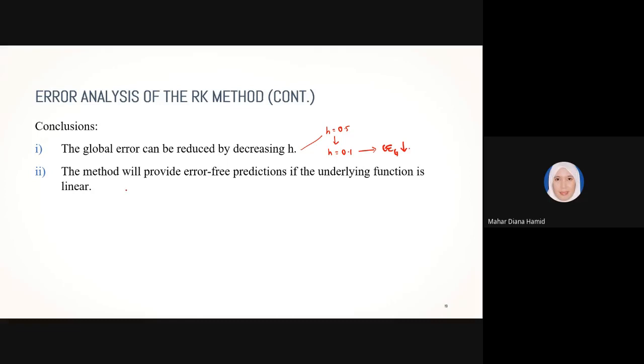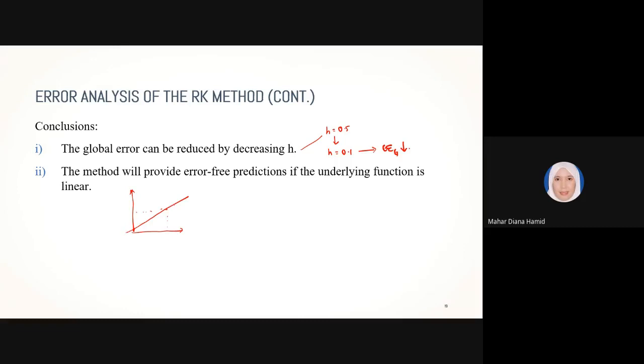If the solution of the differential equation is linear, as you can see with a straight line, and we use Euler's method, since Euler's method uses a linear extrapolation, what we get would be the exact value, the y Euler and also the y true value, due to the fact that we have a linear function.